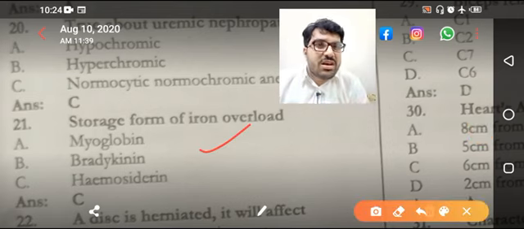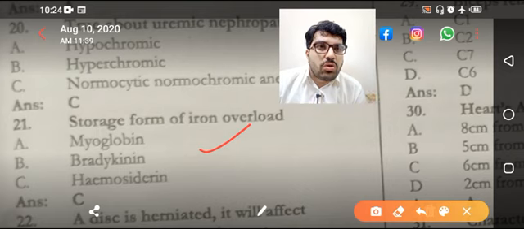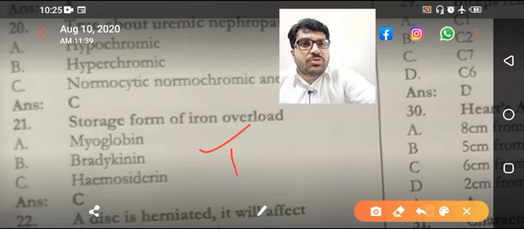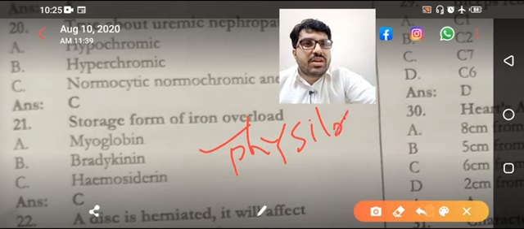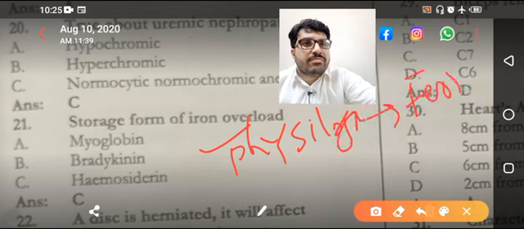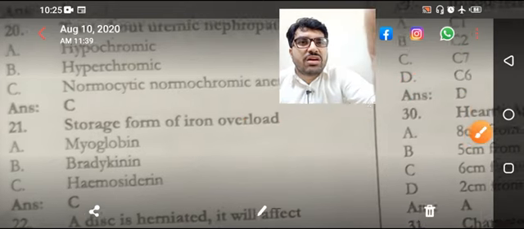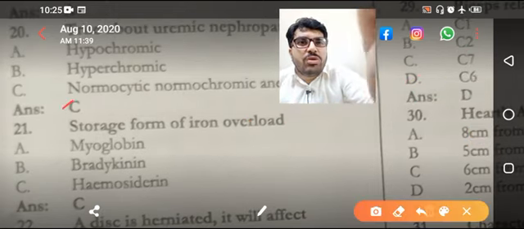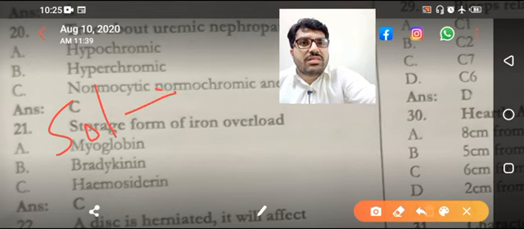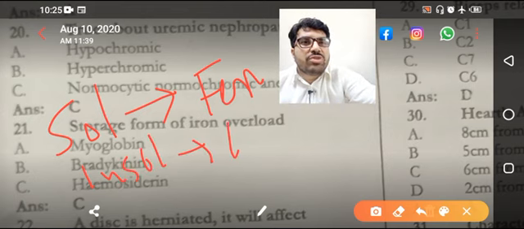Now, if they are asking about storage form of iron overload, if there is physiological storage, then that is ferritin. If the question asks about soluble form of storage, the answer is again ferritin. If asked about the insoluble form, then hemosiderin.